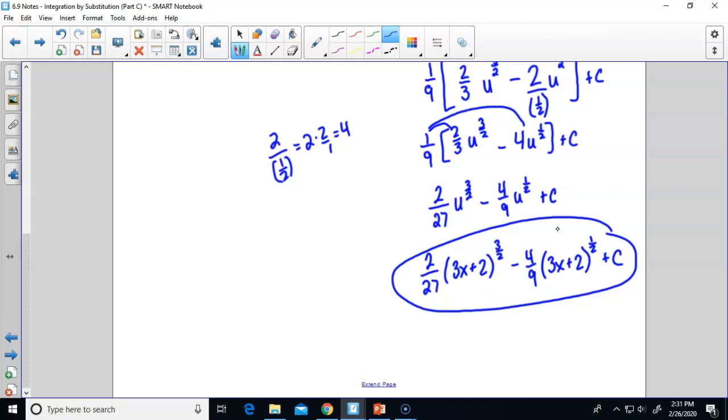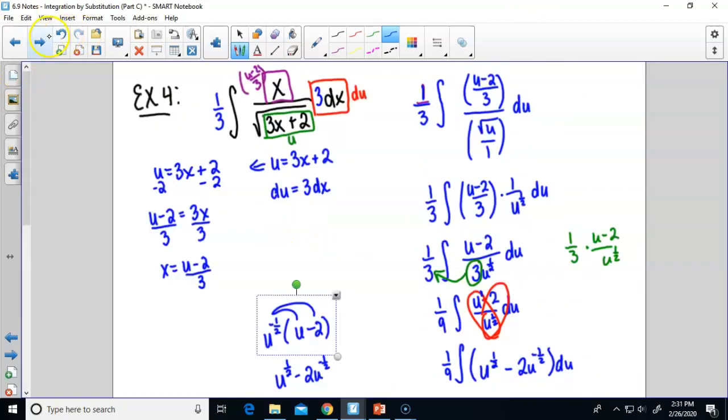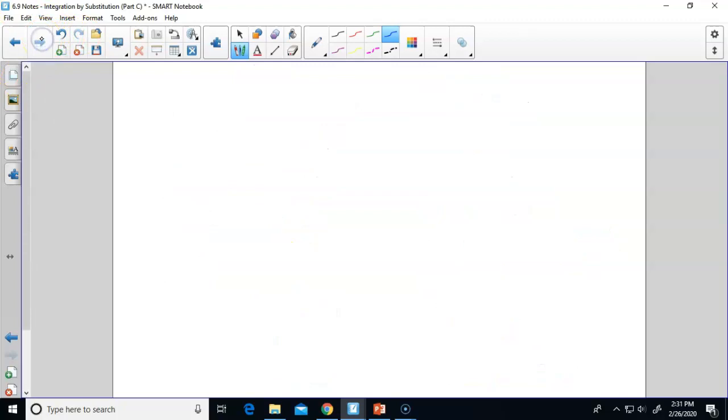Okay, questions? Okay, that is all we're going to do today for examples. I think it will give you what you need. Your homework for tonight is going to be page 342.